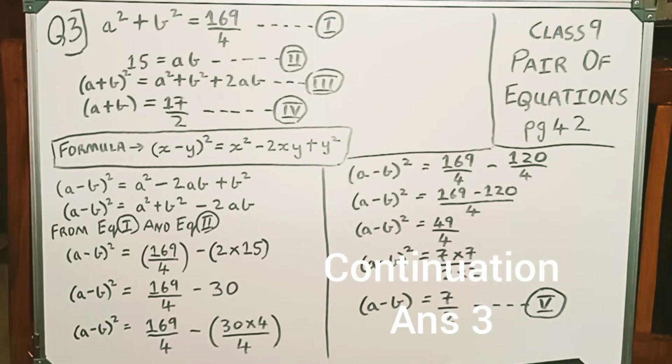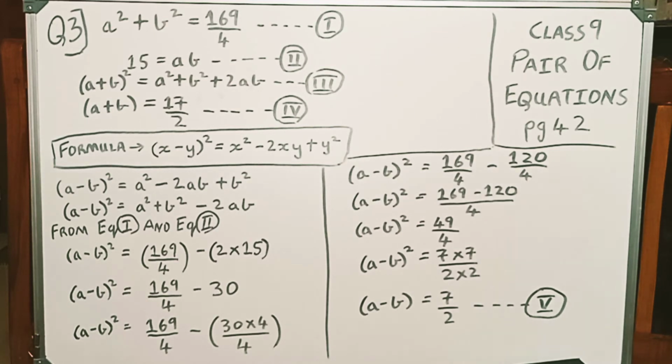Hello students, previously we had seen for question number 3, pair of equations, page number 42, class 9. We had seen earlier, we got a square plus b square is equal to 169 divided by 4. That was equation number 1.